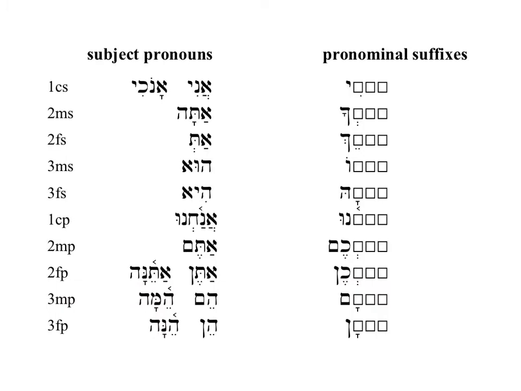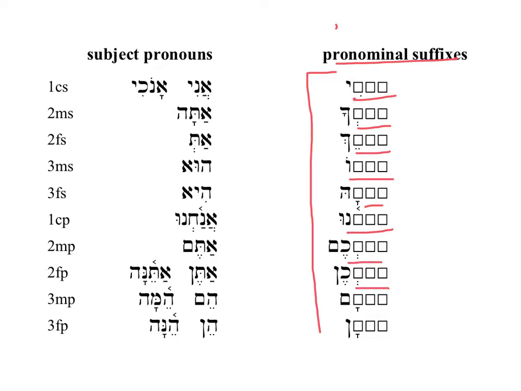So here's a list on the left of the subject pronouns. We've already gone over those. And then the pronominal suffixes, your basic list, are here, and I would suggest very strongly that you become familiar with these different endings that are listed here. And so here you have of me, of you, of him, of her, of us, of you, of them, of them.